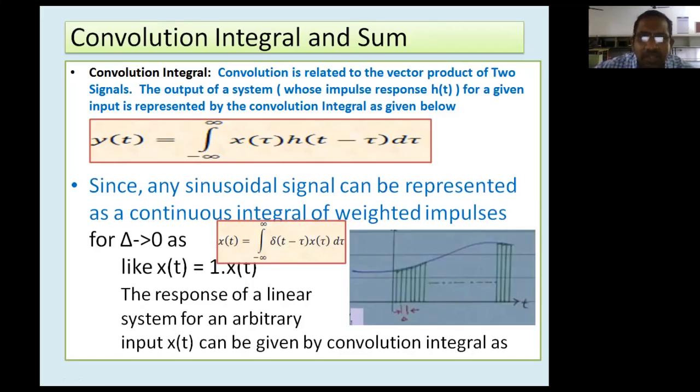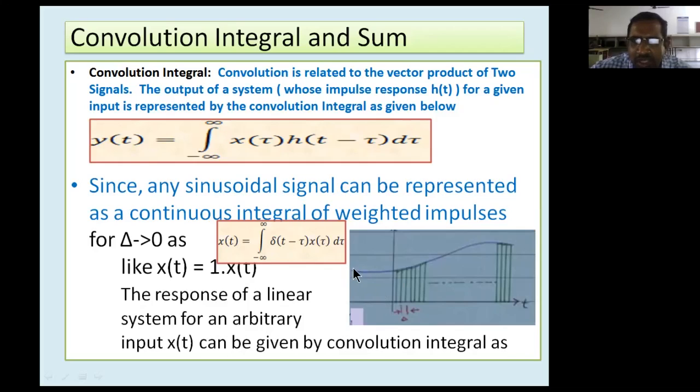Which means what? If you multiply the weighted impulses with the signal x of t, then it should necessarily produce the signal x of t at that instance of time. So when you do it continuously over the interval minus infinity to plus infinity, see this waveform now.